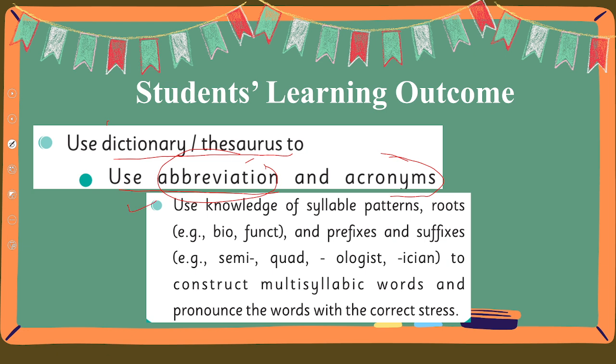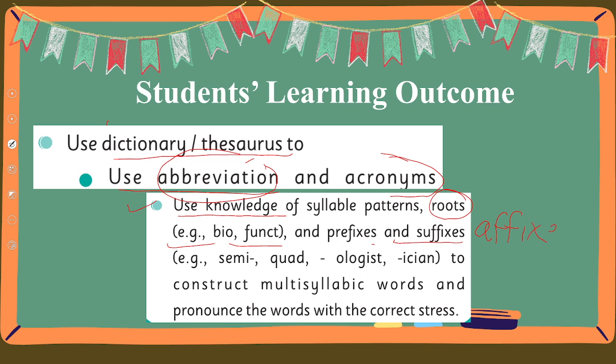Then we will use knowledge of syllable patterns, and when we are dividing words into different syllables, we have roots, the root word, for example, bio and funct, and we have prefixes and suffixes, which we also call affixes.